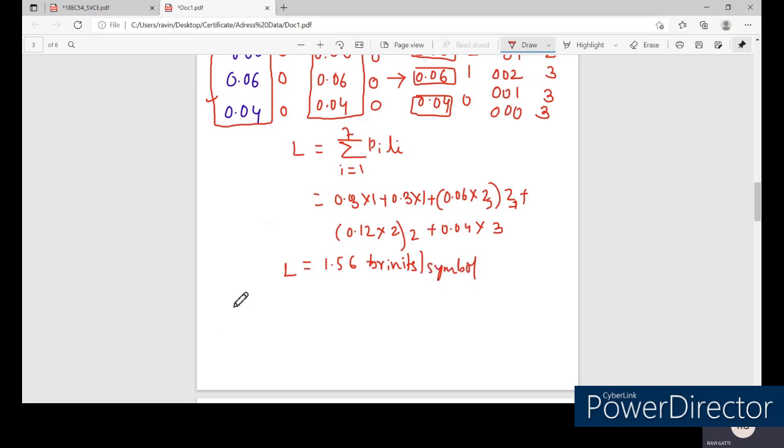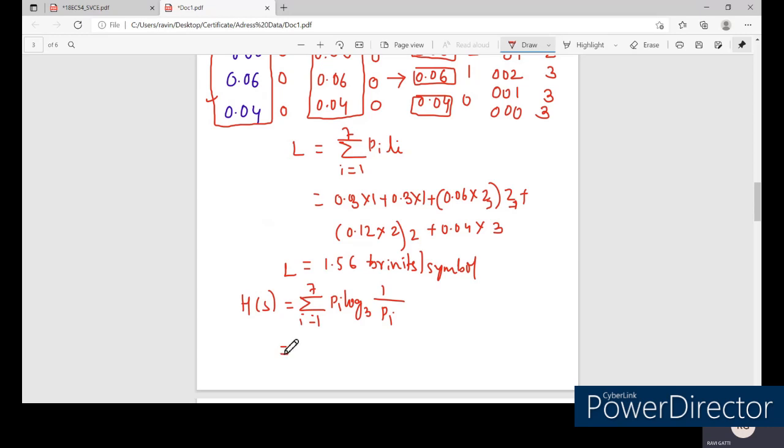Similarly, entropy: what is H of S? H of S is the summation of i equal to 1 to 7 of pi log of 1 by pi. Be careful here: since it is a ternary case, you need to consider log to the base 3 of 1 by pi.